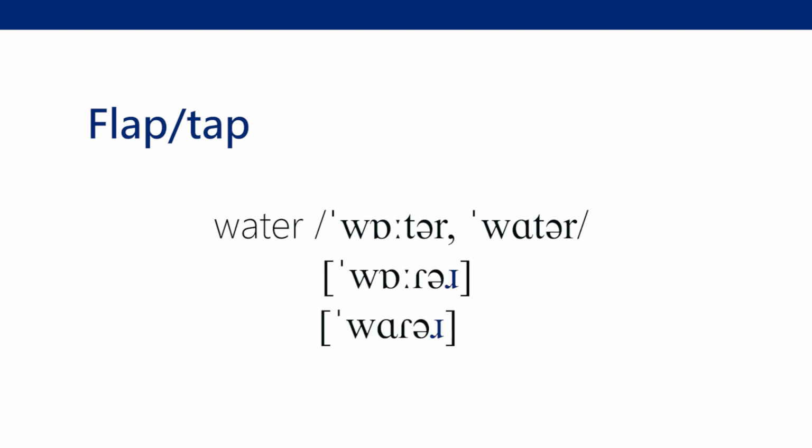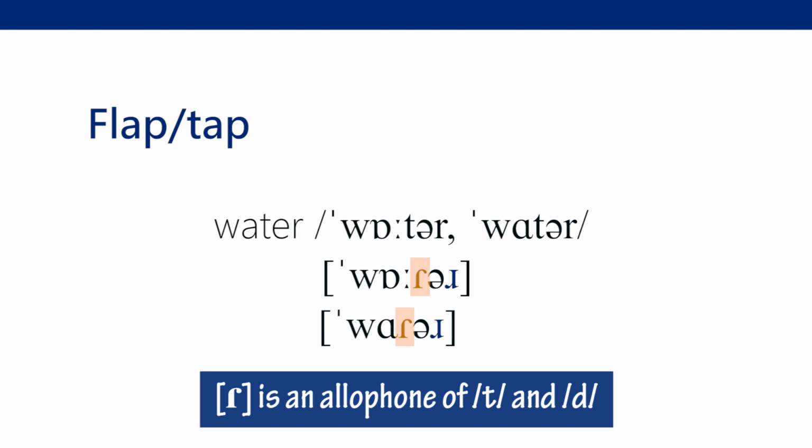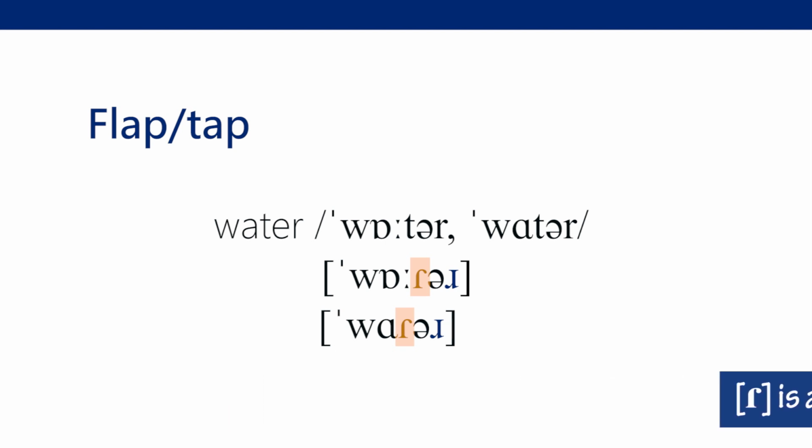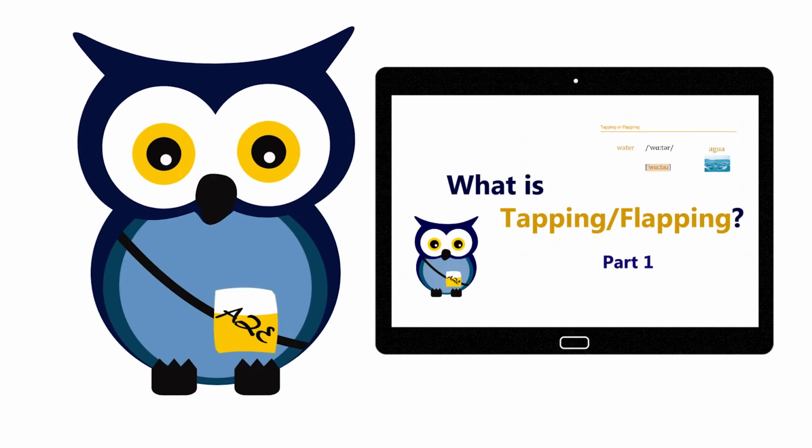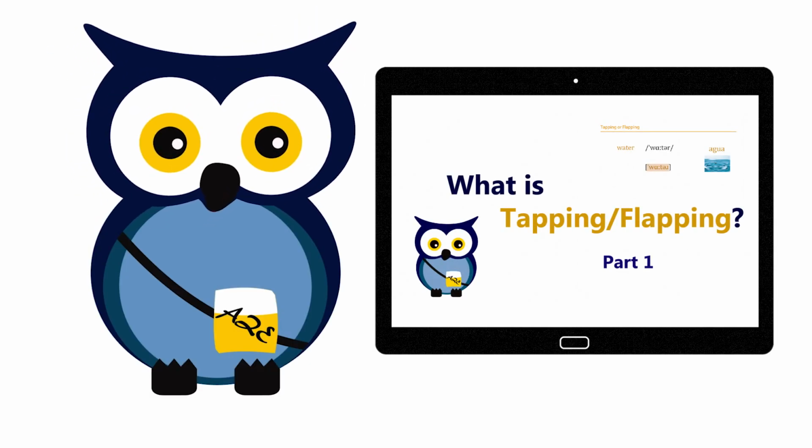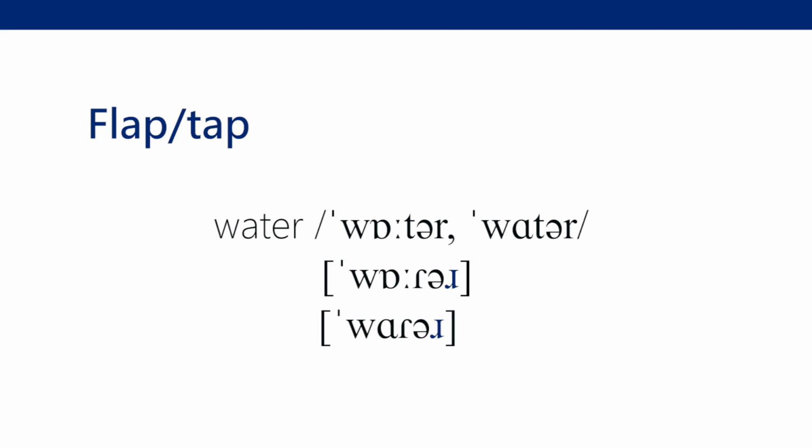Water, butter, bottle, you see? So this one in English, in rhotic English, is an allophone of T or D. It doesn't have anything to do with R. So if you want to know more about tapping or flapping, I have a specific video about this topic. When I mentioned water as an example of rhotic English, my focus was on the last R.